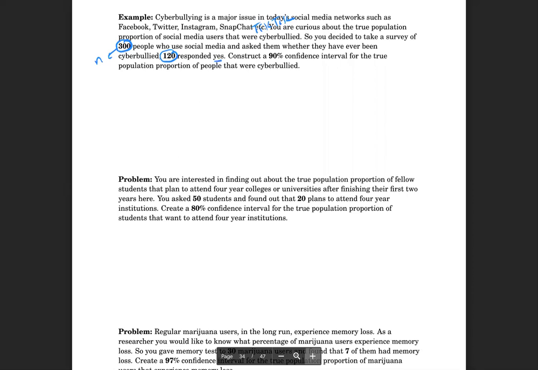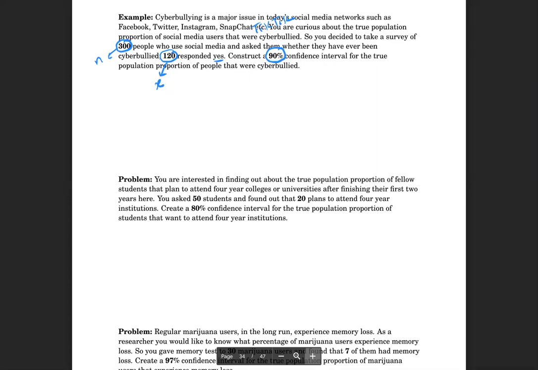And this time you want to create a 90% confidence interval, not 95%, for the true percentage of people in the population who have been cyberbullied.